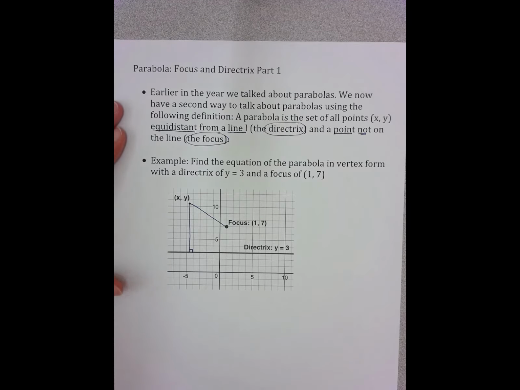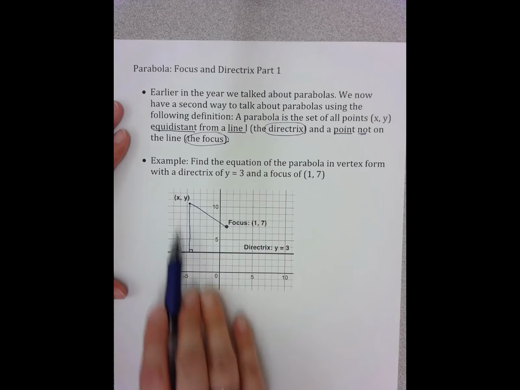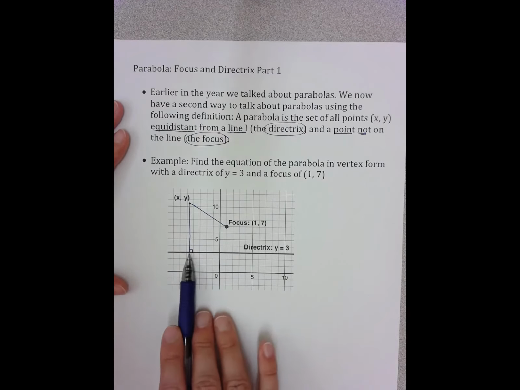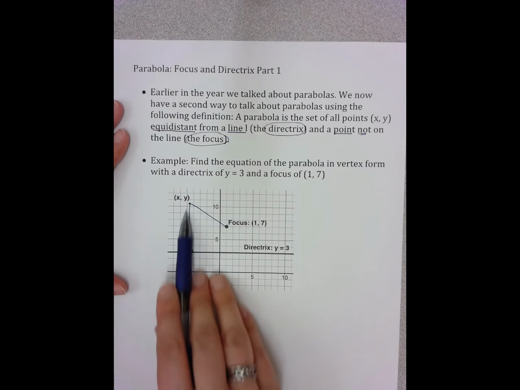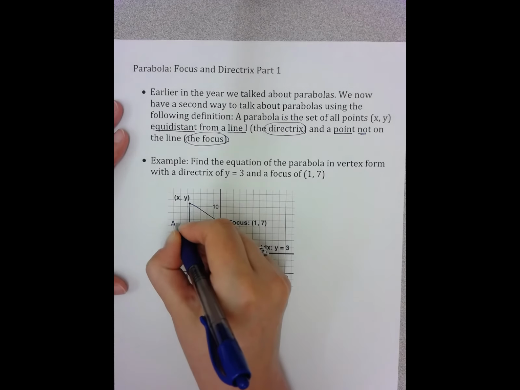So two distances. Now, the distance from the point to the directrix is relatively straightforward because I haven't gone any x direction. I haven't moved left or right. I only have a y direction happening here, so I only need a change in y.